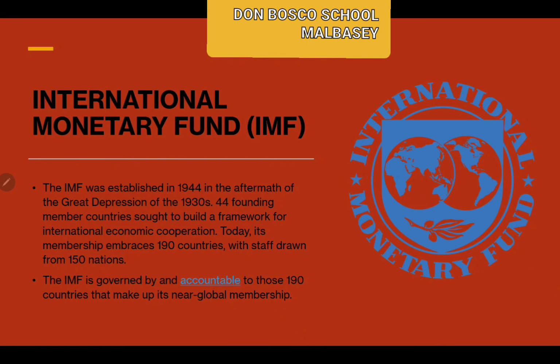International Monetary Fund. The International Monetary Fund was established in 1944, in the aftermath of the Great Depression of the 1930s. 44 founding member countries sought to build a framework for international economic cooperation. Today, its membership embraces up to 190 countries with staff from 150 nations. IMF is governed by and accountable to those 190 countries that make up its near-global membership.